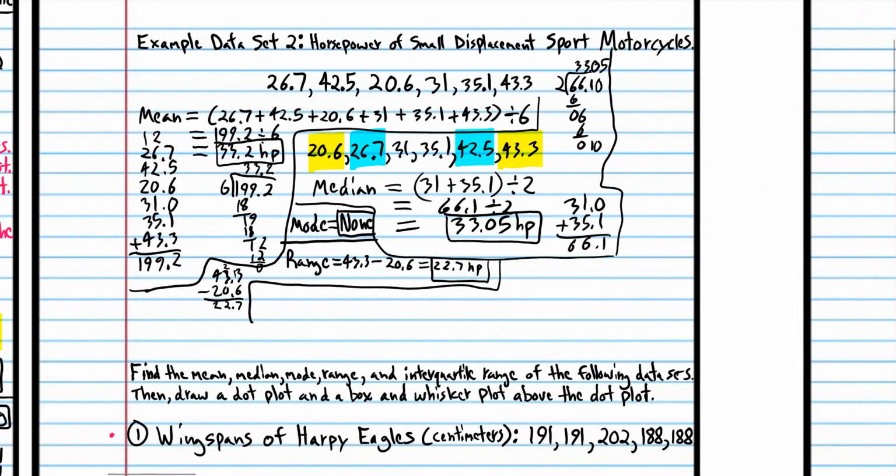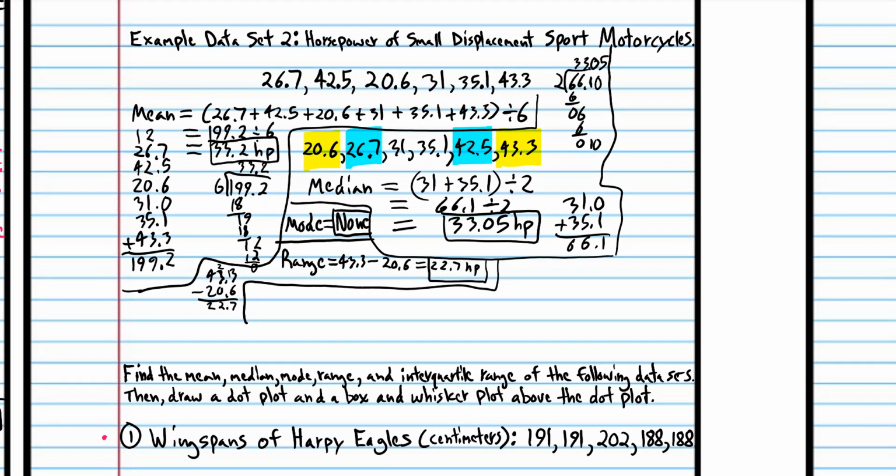To find the interquartile range, we have to find quartile 1 and quartile 3. Quartile 1 is the middle of the first half of the data. This is the first half of the data, and this is the second half of the data.